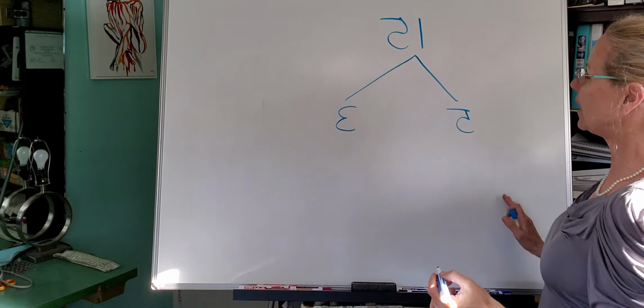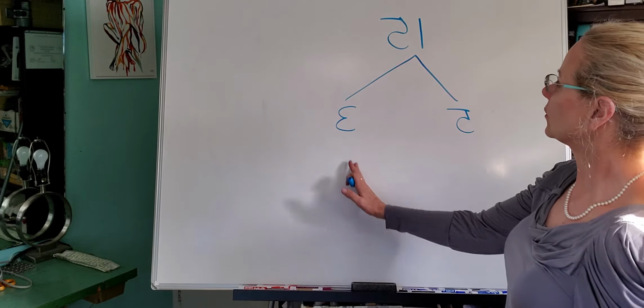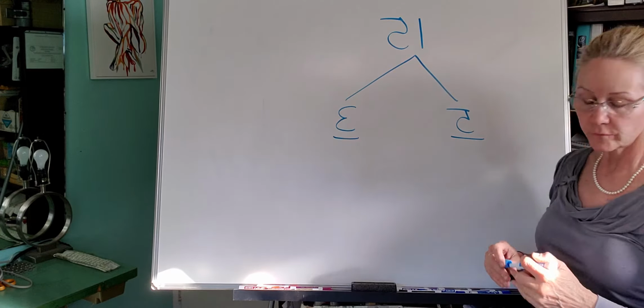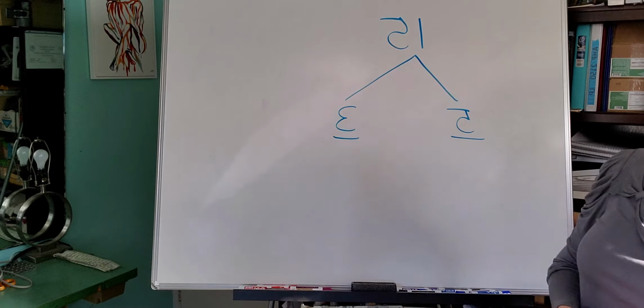Can we factor 5 farther or 3 farther? No, so it's just 3 and 5. 3 times 5, 15.